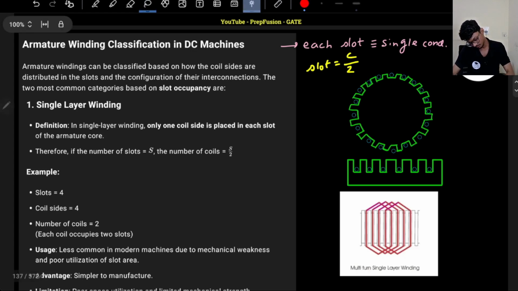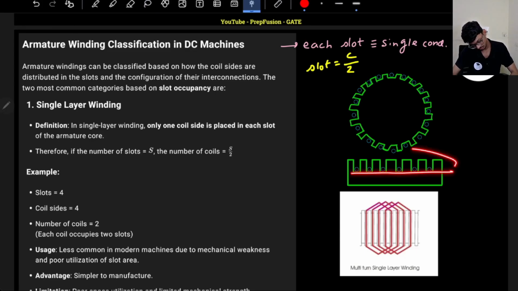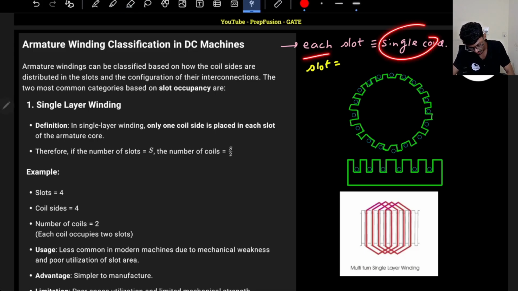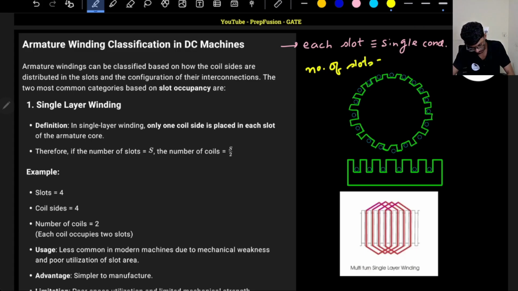If I have this many slots, I will have half the number of coils. That is correct only. So a single conductor equals a slot, correct? So the number of conductors is equal to the number of slots, right?